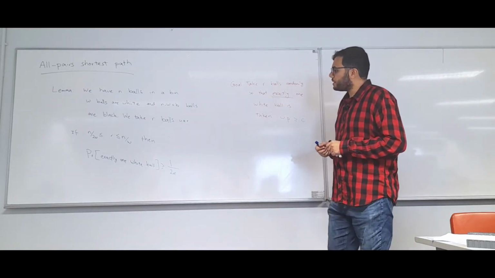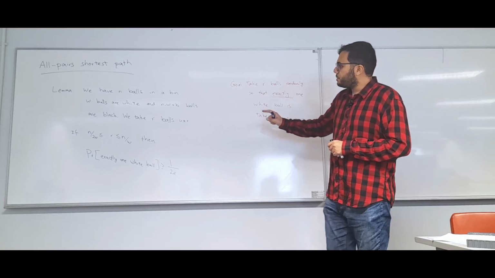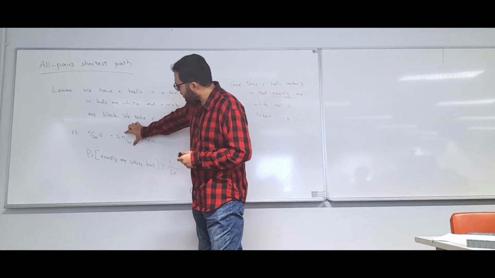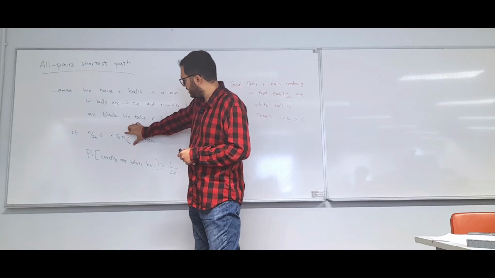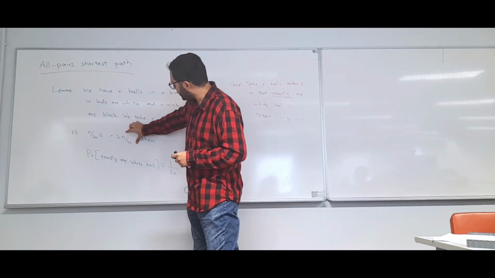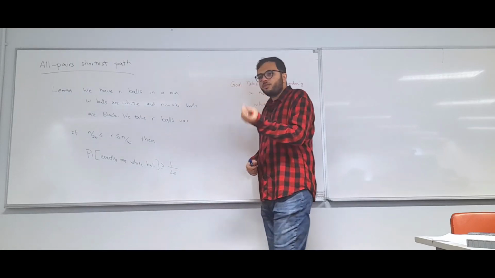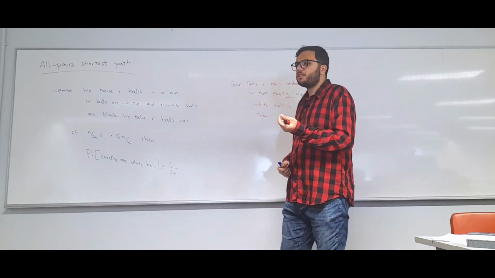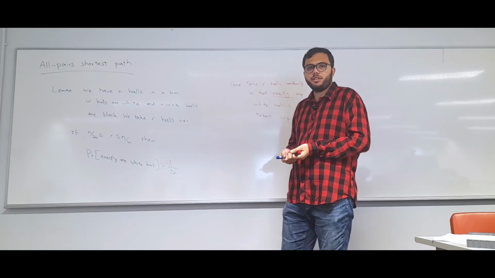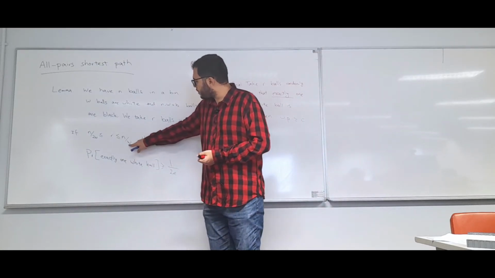So again, I just want you to see the intuition because I don't want to do the algebra. The intuition is that W over n is the fraction of balls that are white. So if I just want one white ball, I expect to take n over W balls before I see my first white ball. So now I'm saying I'm taking R balls, but R is kind of close to this number.